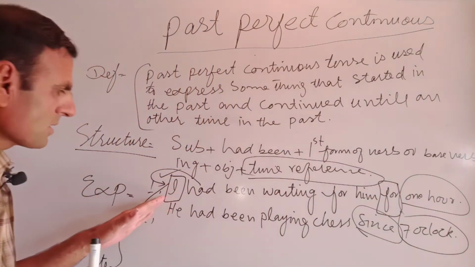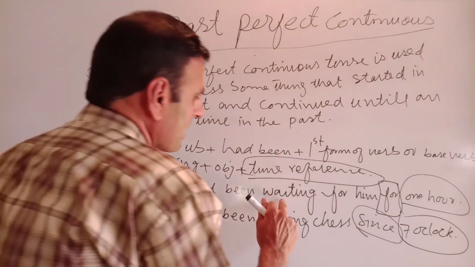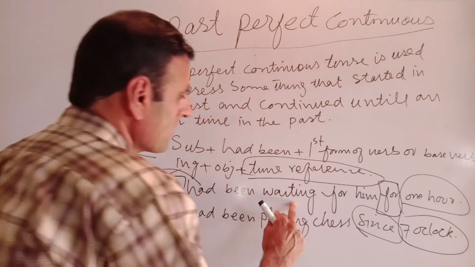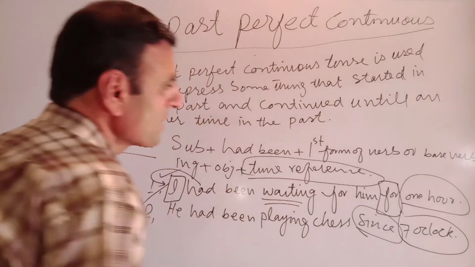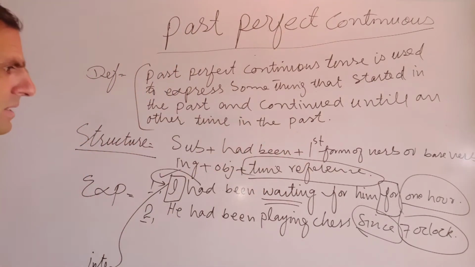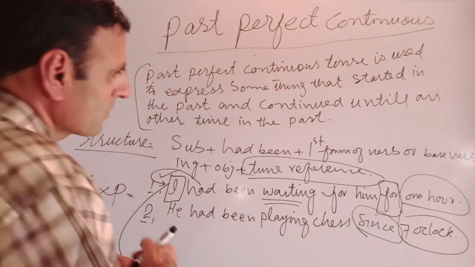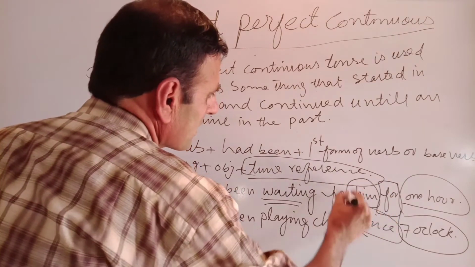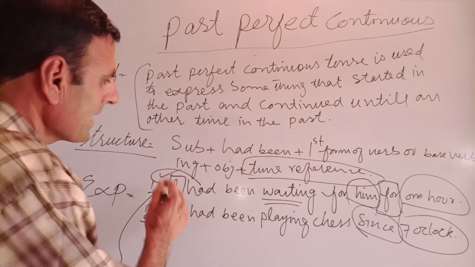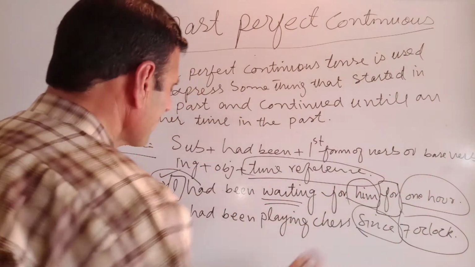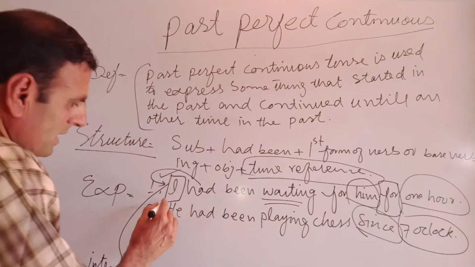The subject is the doer of something and the verb is the action. The action is waiting, and for him is the object. Now: had I been waiting for him for 1 hour?